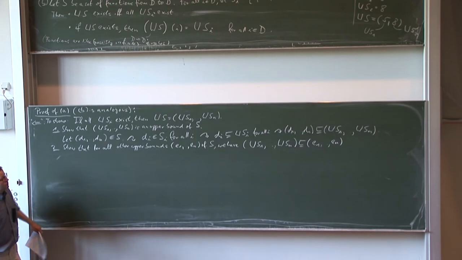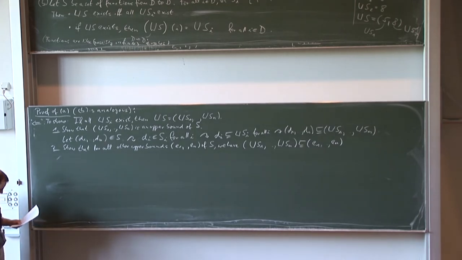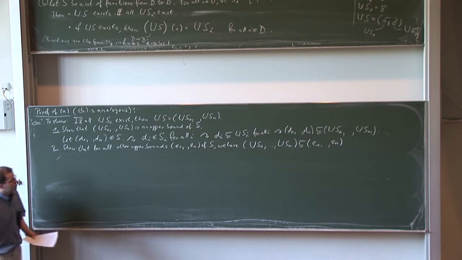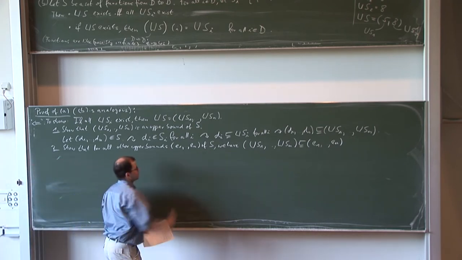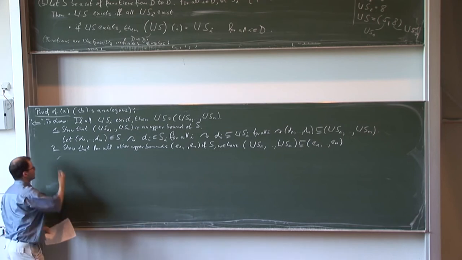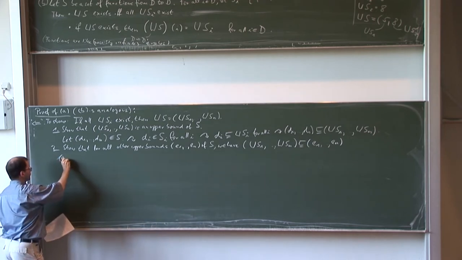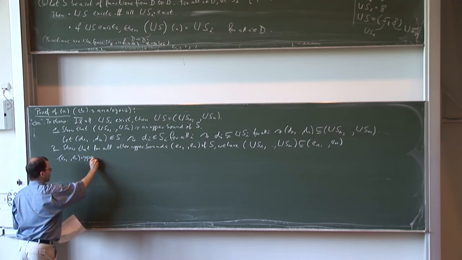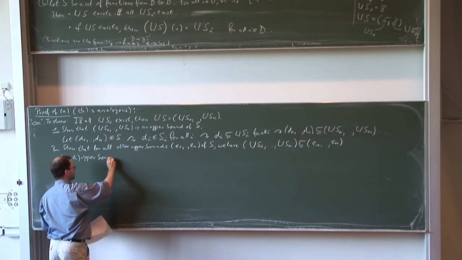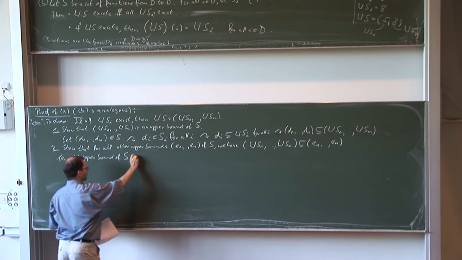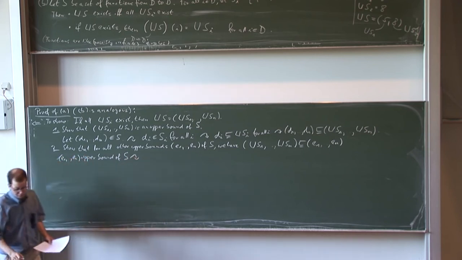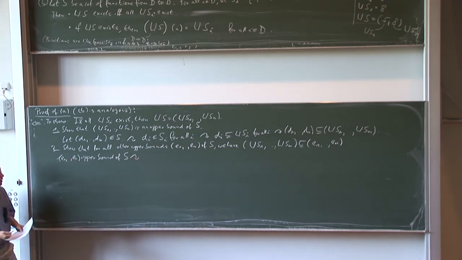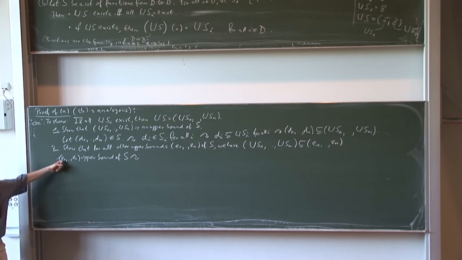Now, how can we show this? Now, if this is an upper bound of S, then what do we know about Ei? About these components in here. E1 then must be an upper bound of S1.